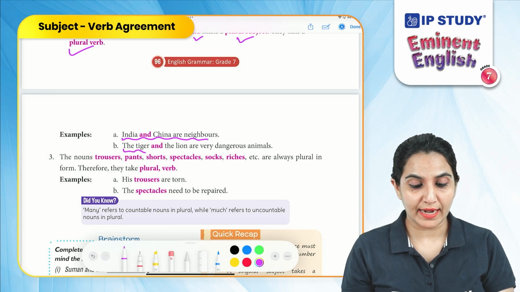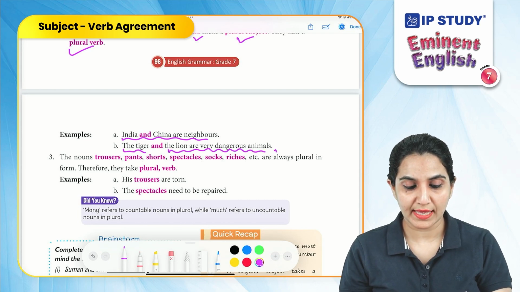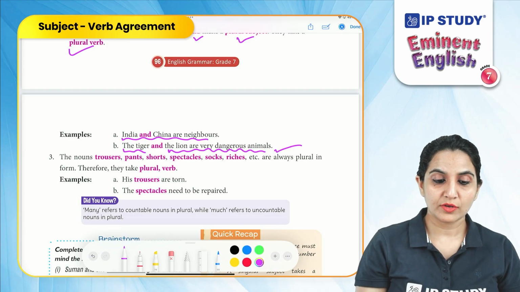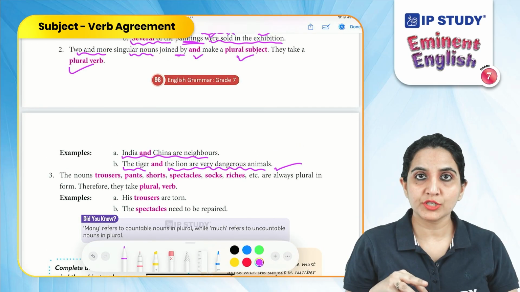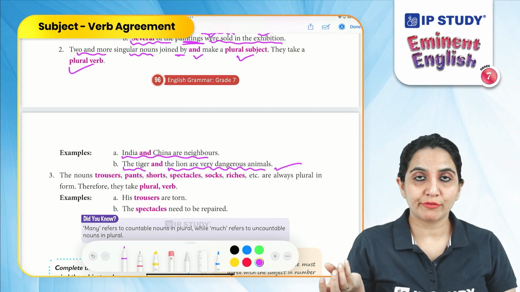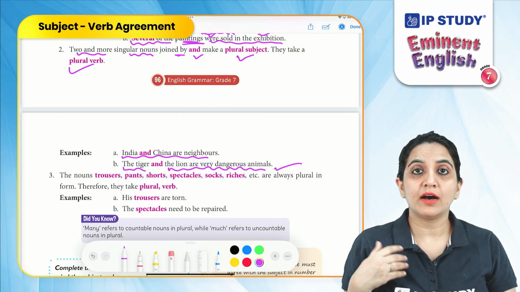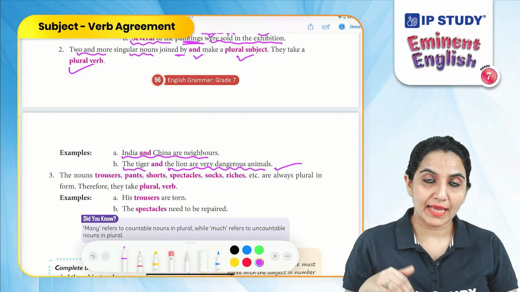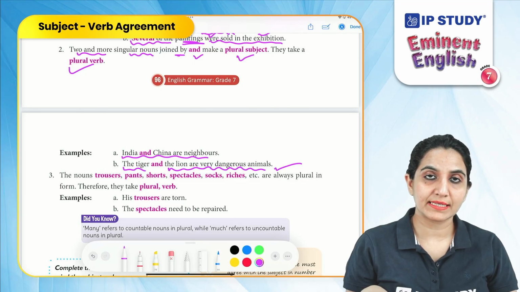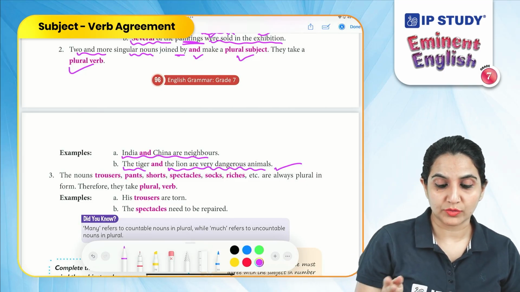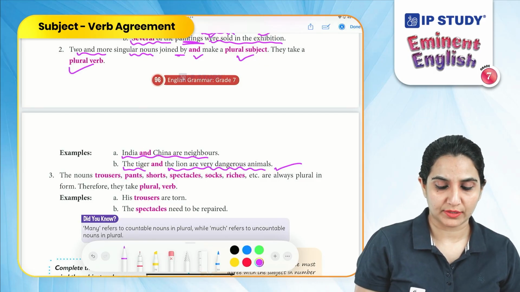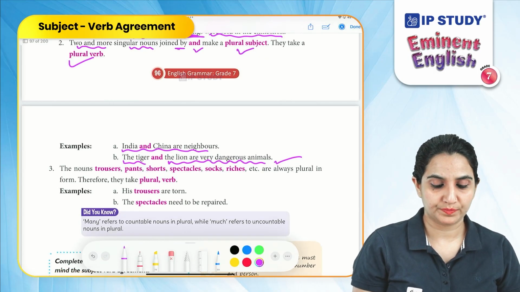"The tiger and the lion are very dangerous animals." Right? So we are talking about two different singular nouns, and they are plural. And same in the second sentence, the tiger and the lion, they are two singular nouns joined with "and", so they also take a plural verb.